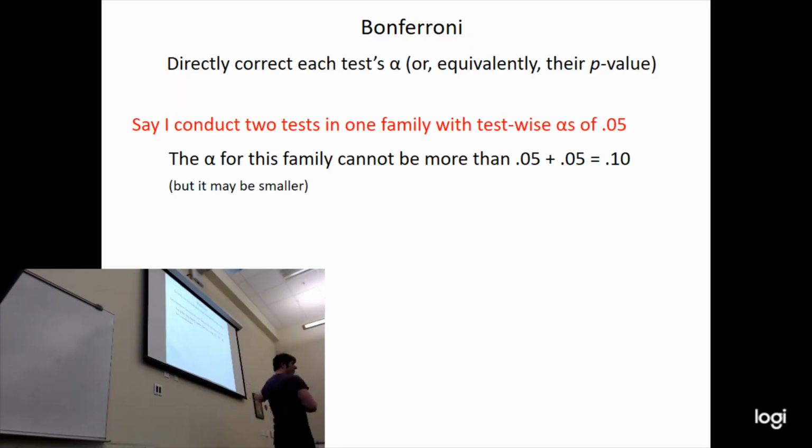If I do 2 separate tests, each with a test-wise alpha level of 0.05, the new alpha level for that family of 2 is going to be 0.10 or less. So it could be as high as 0.10, but it also could be less.